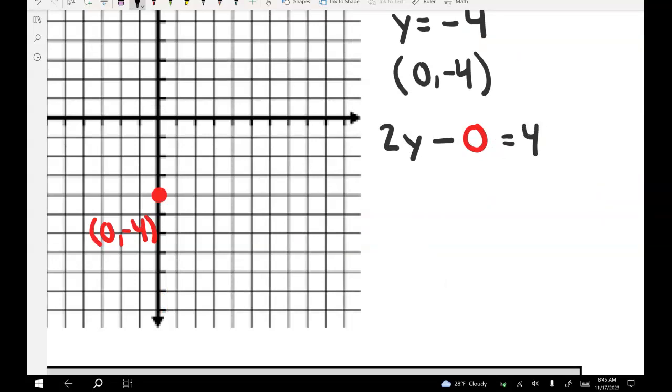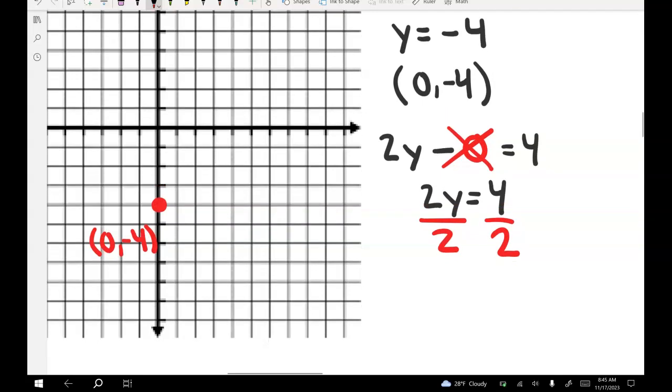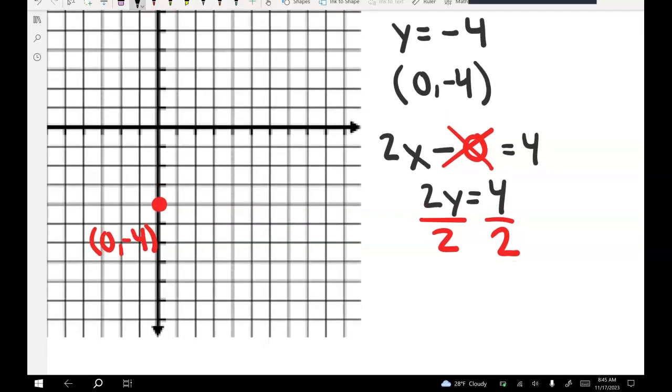So subtracting 0 is not going to do anything to our equation, so we can just cross it out like we were doing the other ones. Oops, sorry, that should be an x. Change that back to an x. I got too excited. 2x minus 0 is equal to 4 because we already figured out what our y is. We need our x value. So x is equal to 2.